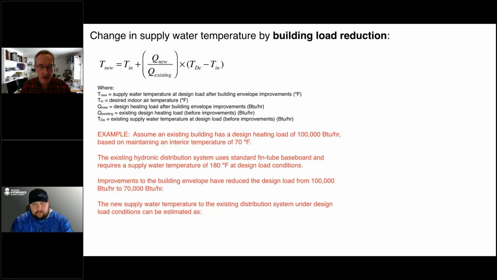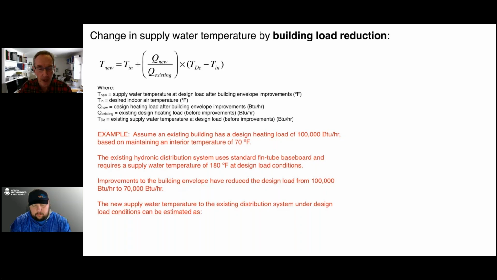It has a design load of 100,000 BTUs per hour based on maintaining an indoor temperature of 70 degrees. The existing hydronic system uses standard fin tube baseboard. And let's just say that the baseboard was sized around 180 degree water temperature to provide that 100,000 BTUs at design load.